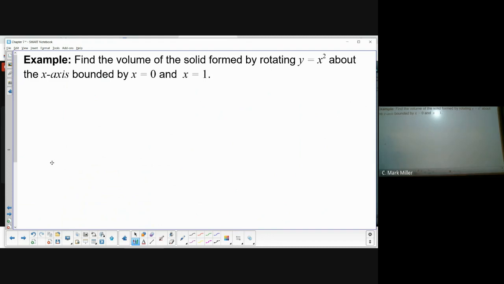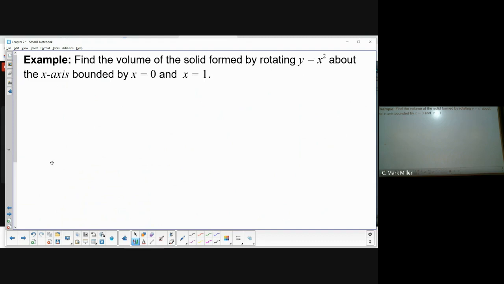One is to use the method we're about to do, the next part, called the shell method. Or two, you have a function y equals f of x and revolved around the y-axis. You could solve for x and make x equal f of y, and make it a revolved thing around the y-axis. That way you have something revolved around the y-axis in a variable of y instead of x. We're going to do one of those.